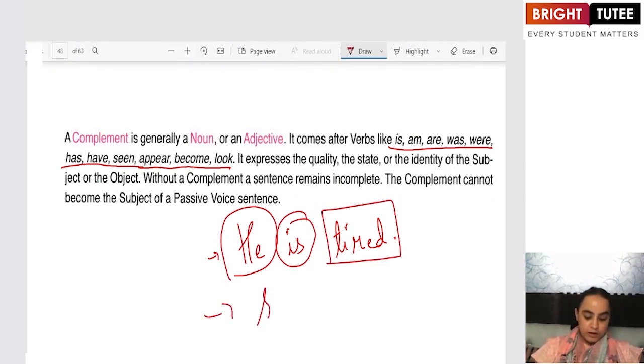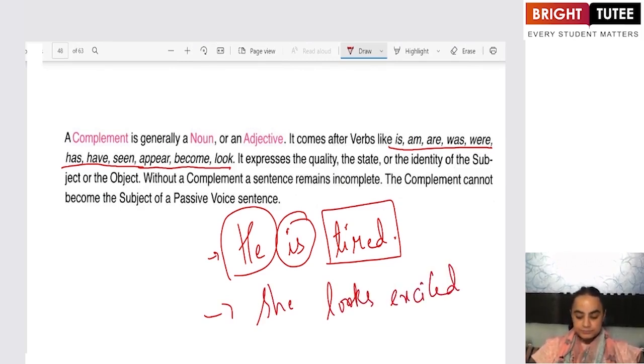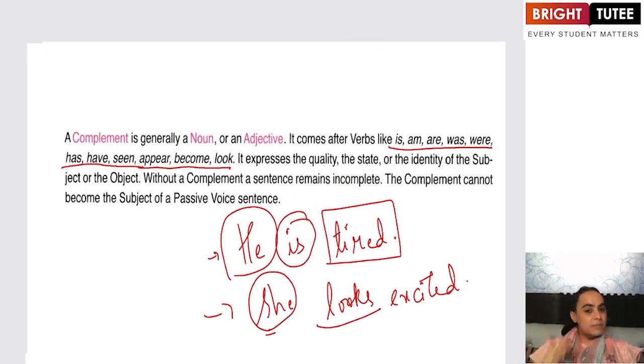If I give you another sentence, she looks excited. What is my subject? She. What is my verb in the sentence? Looks. And what word is describing my subject? Excited. So that is the complement.